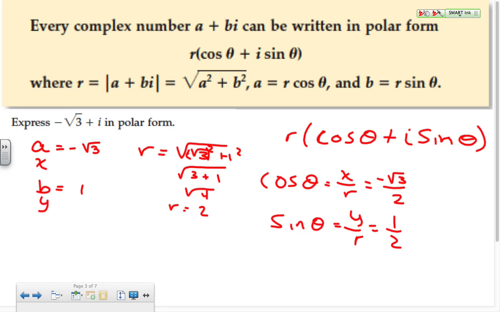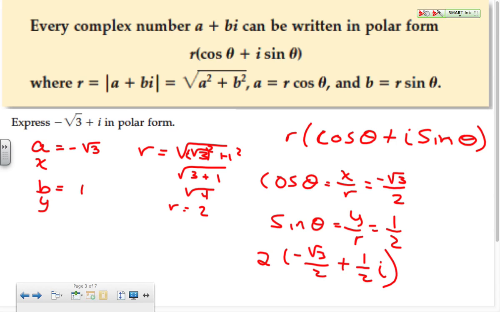So our answer can be written as 2 times, okay, so we know the cosine of theta is a negative square root of 3 over 2 plus 1/2 i.